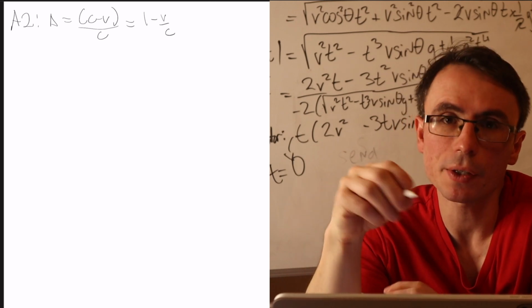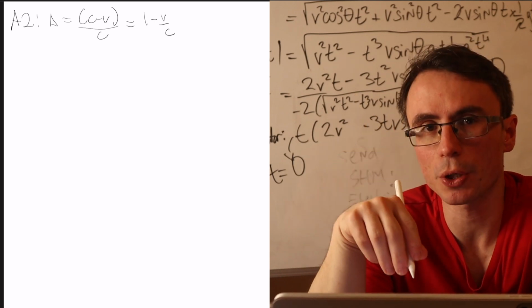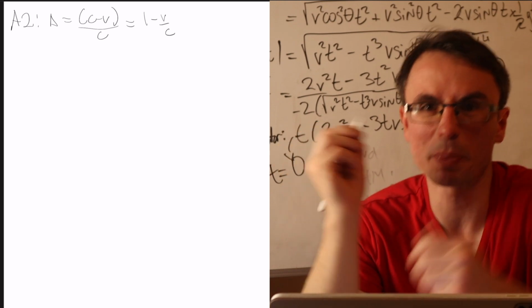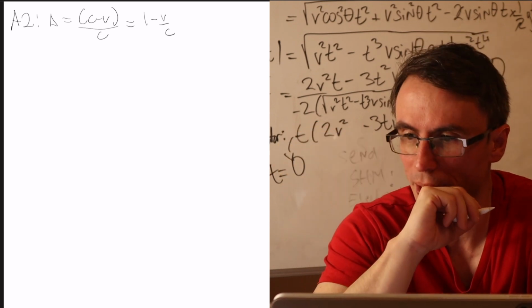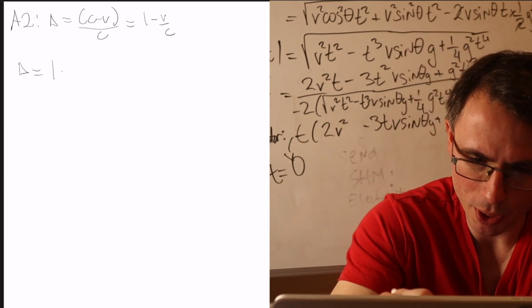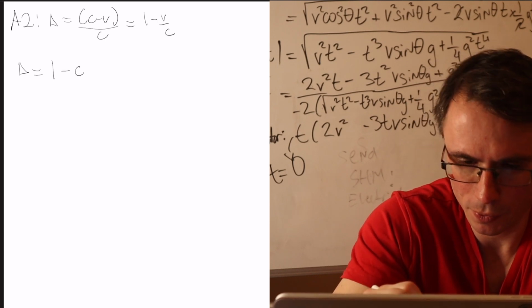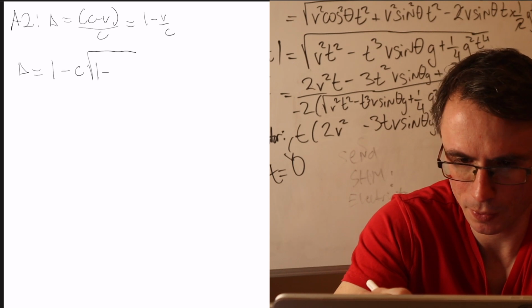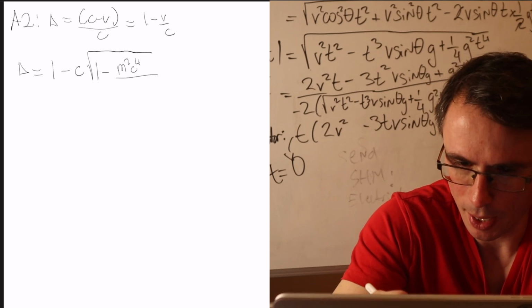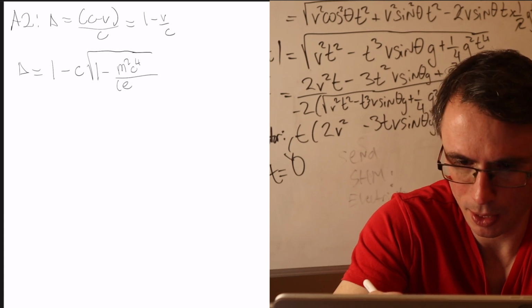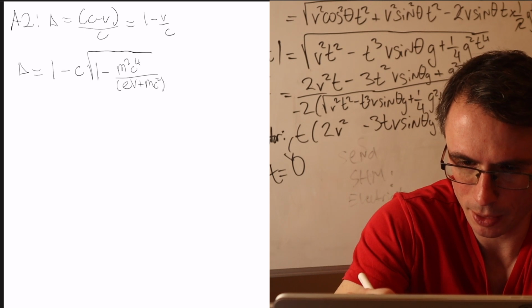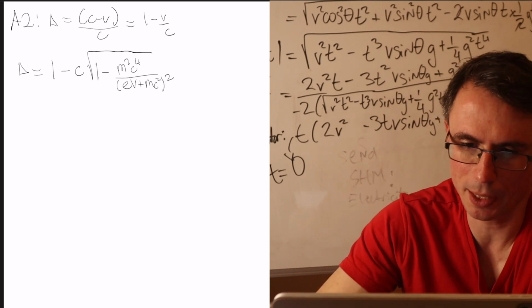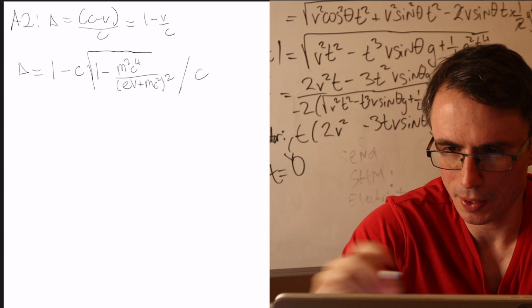Now, in the previous question, we had an expression for v, so let's substitute that in here and just see what happens. So our expression was c times the square root of 1 minus m squared c to the power 4, divided by ev plus mc squared, and this whole expression here was squared, and this is divided by c.